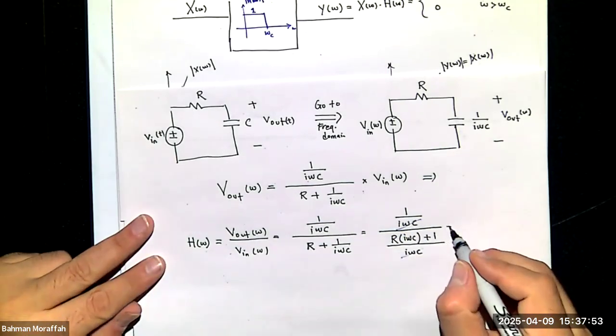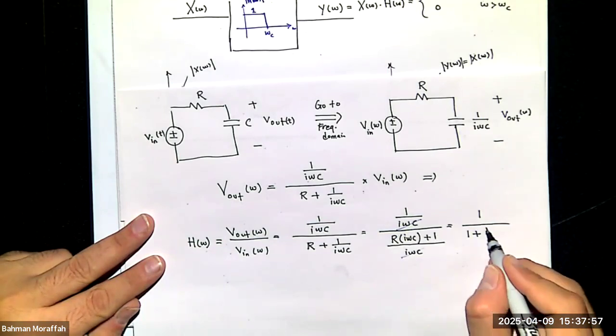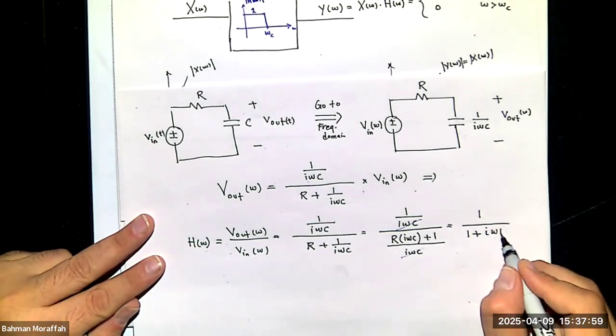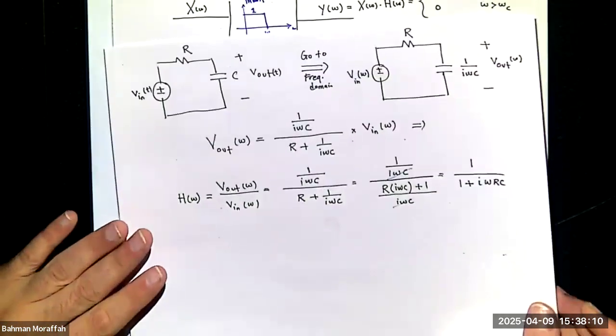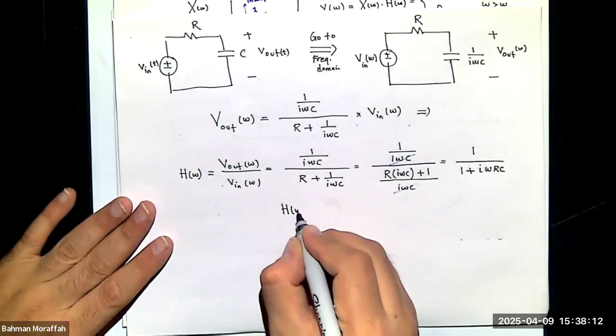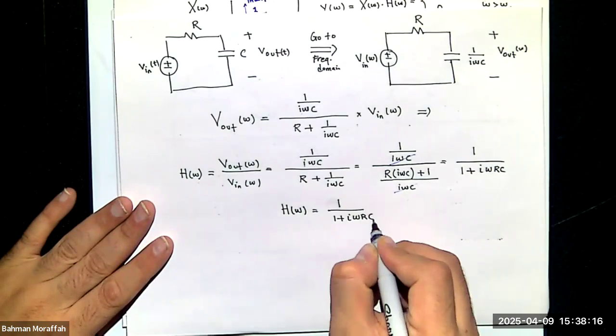So what I end up getting is 1 over 1 plus i omega RC. So H of omega is 1 over 1 plus i omega RC.